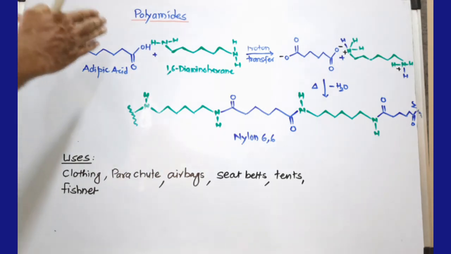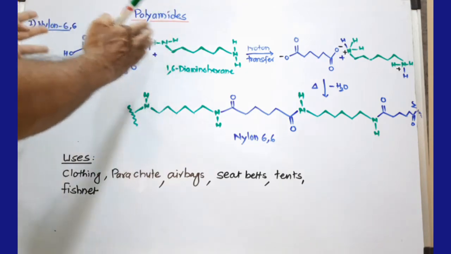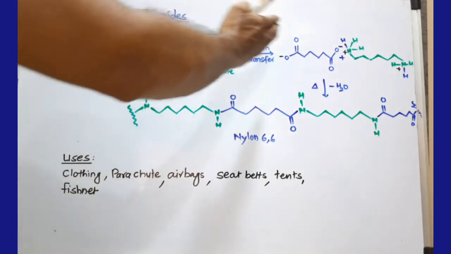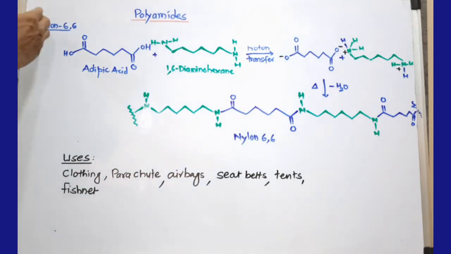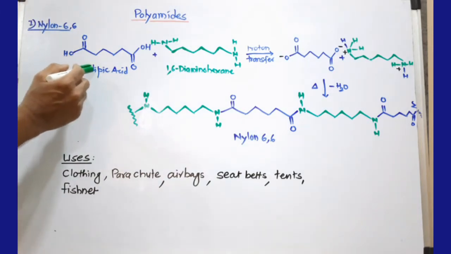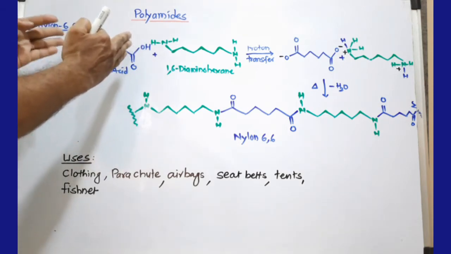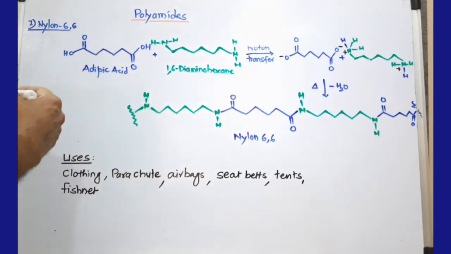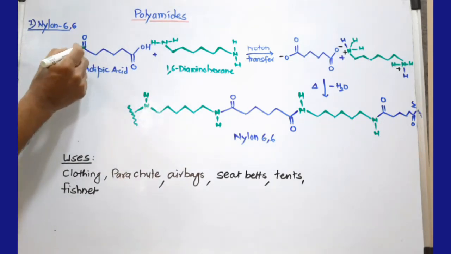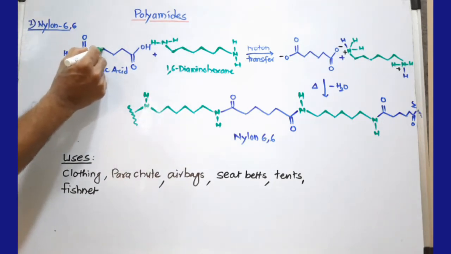If you look at the monomers or raw materials used for the preparation of nylon 66, you can easily see adipic acid is required. Adipic acid has two carboxylic acid groups and a total of 6 carbons.